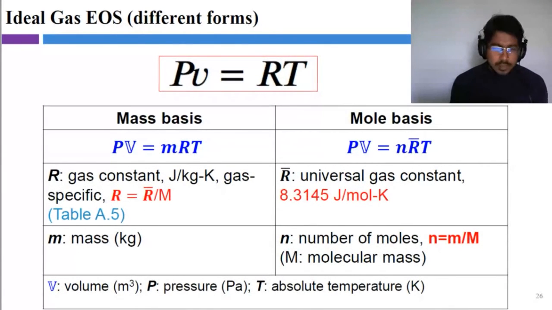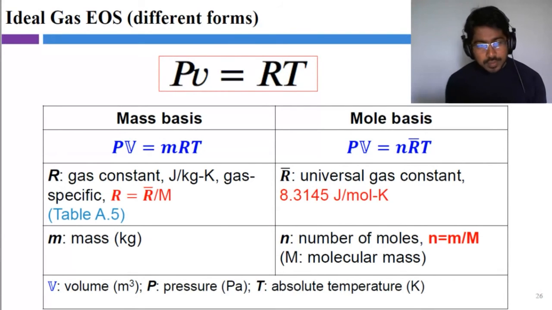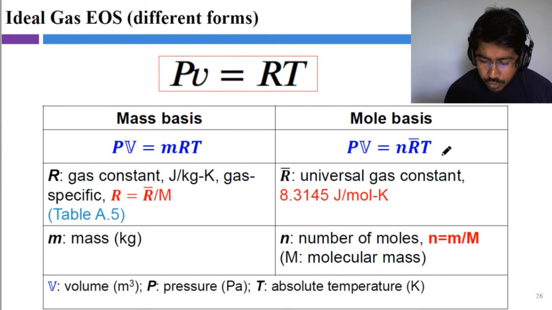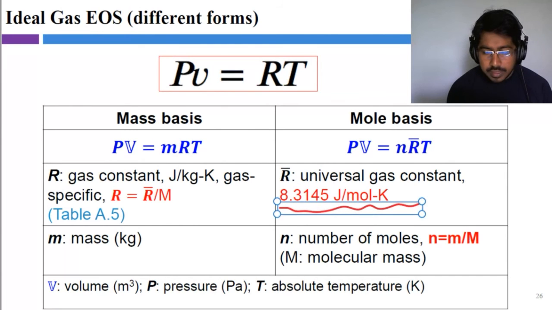And now here comes the most weighted slide, to clarify the doubts we have about the moles and mass, right? What is mRT and what is nRT? In the equation, we had the moles, right? n is the moles, and the R we use there is the universal gas constant.